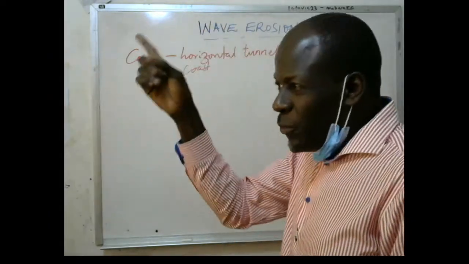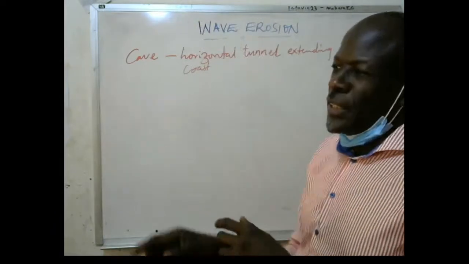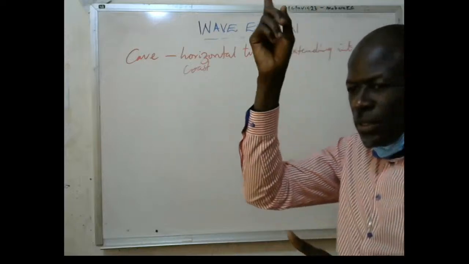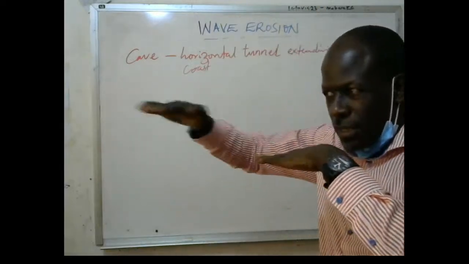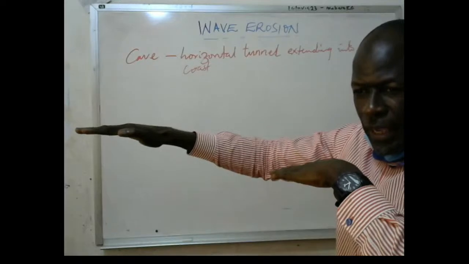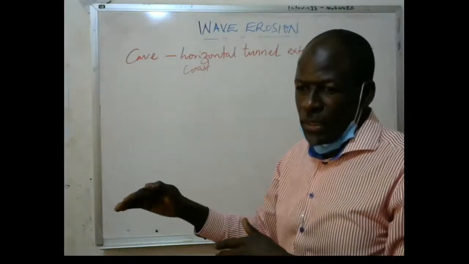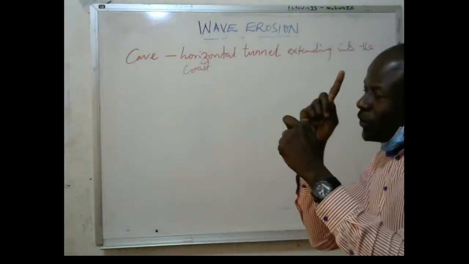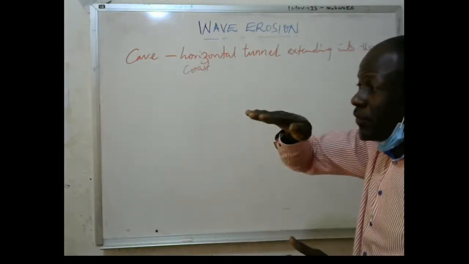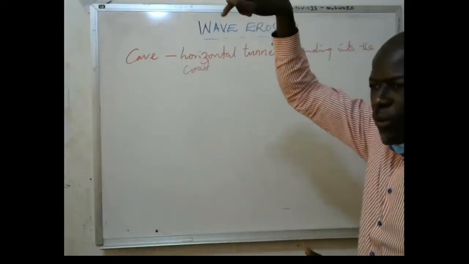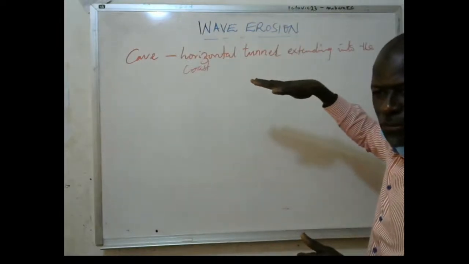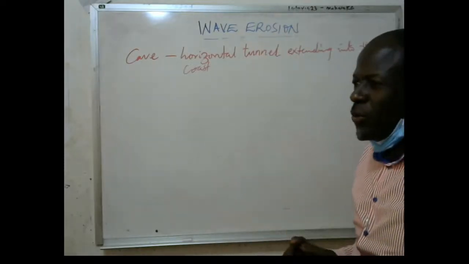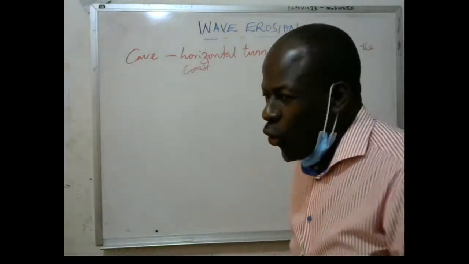So gradually we see a shaft-like opening, a vertical opening developing through the roof of the cave. That rock covering the cave, the upper part of the cave, is what we term the roof of the cave. So when that hole develops through the roof of the cave and eventually appears on top of the coastal rock, then that opening is what we are going to call the blowhole.